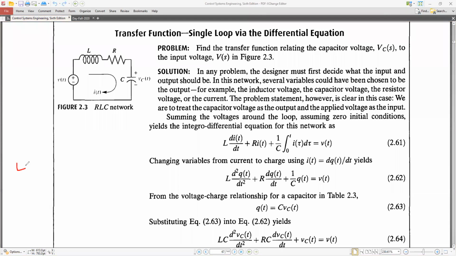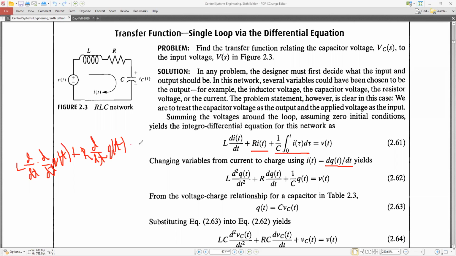L di(t)/dt. L d/dt. Okay, instead of i(t), we'll write dq(t)/dt. d/dt of q(t). Okay, plus R i(t). That means R d/dt of q(t).